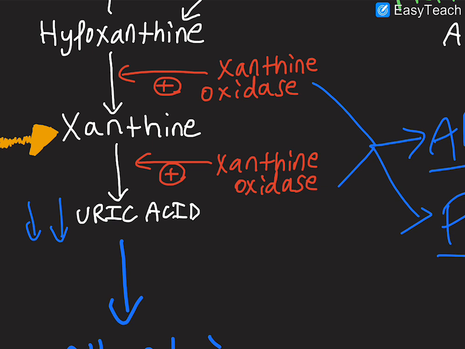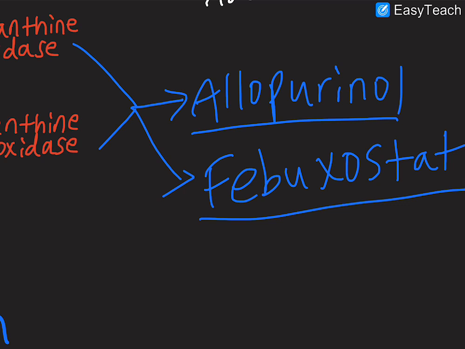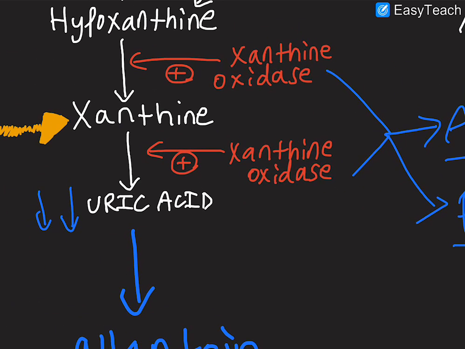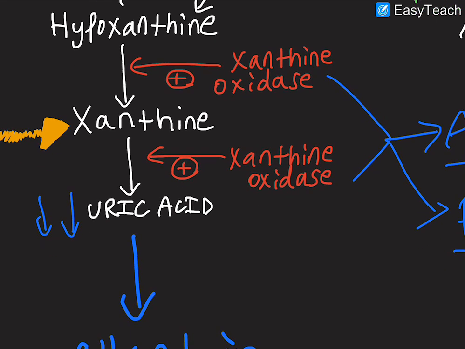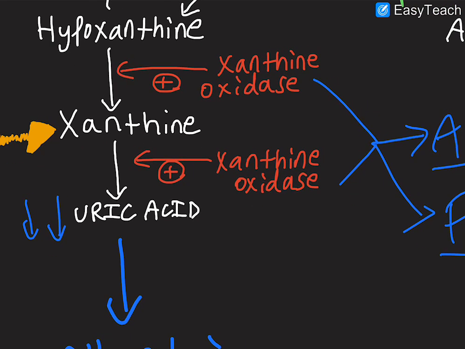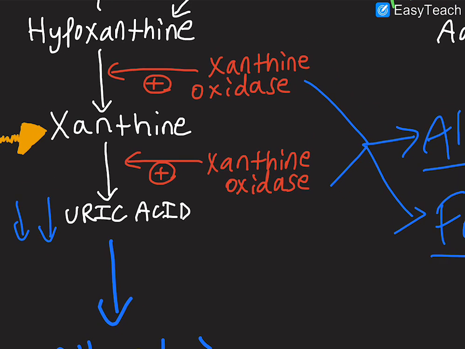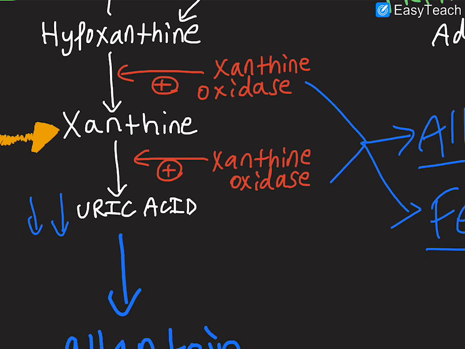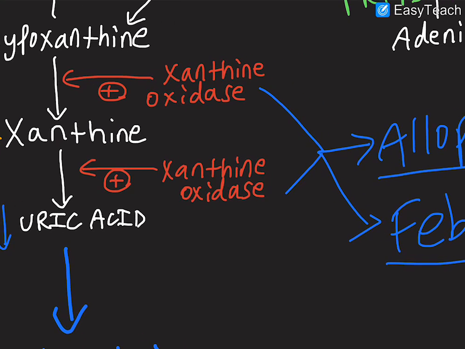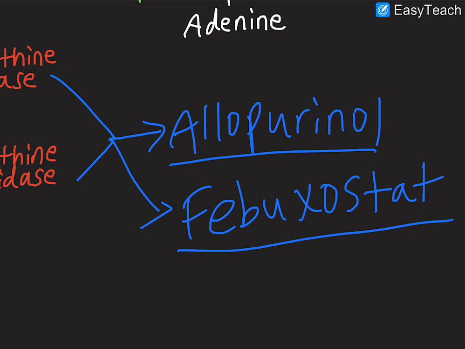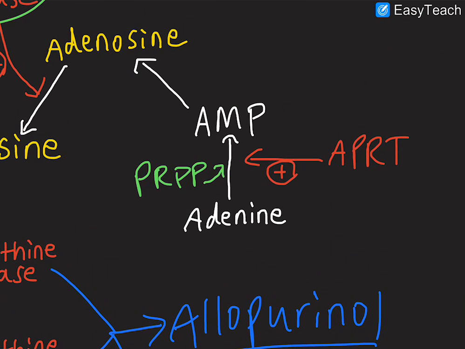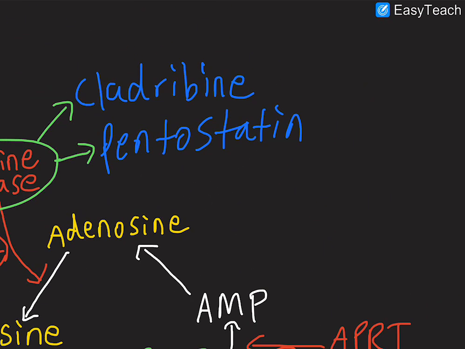If you give xanthine oxidase inhibitors like allopurinol and febuxostat, you decrease the uric acid levels, which means you decrease the uric acid crystal deposition into their joints, so therefore you would decrease the overall pain and inflammation that they go through. Those are the drugs involved in the purine salvage pathway so far: allopurinol, febuxostat, pentostatin and cladribine.